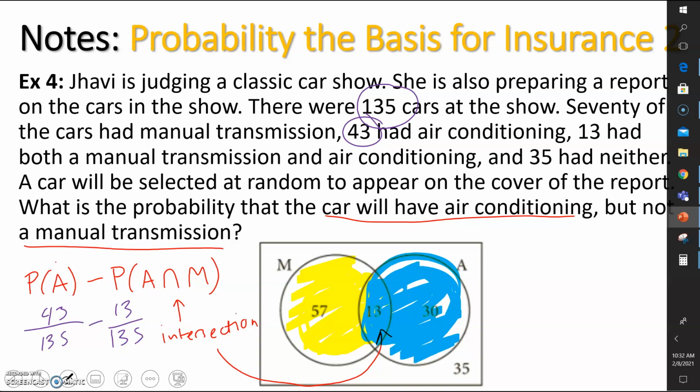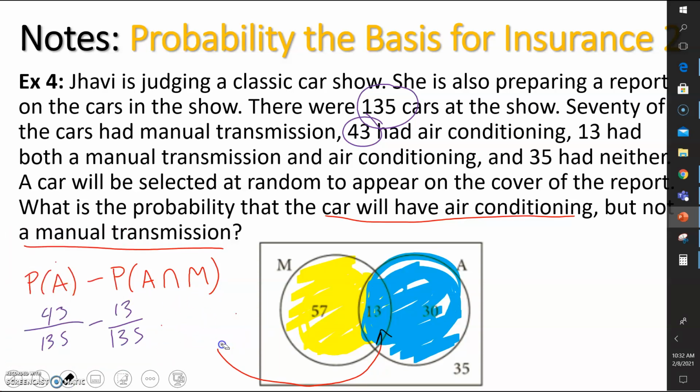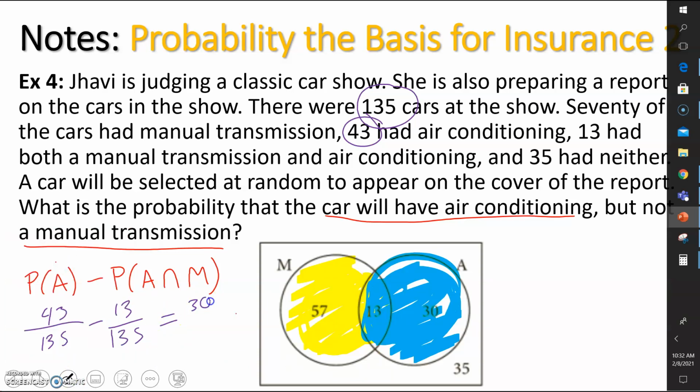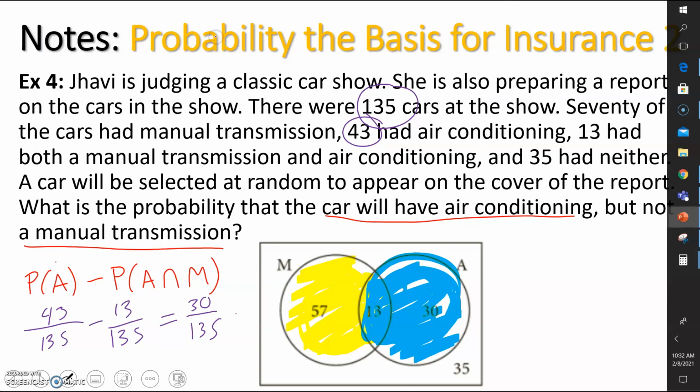So we have 43 minus 13, which is going to give us 30 out of 135. Let's calculate. And that's about a 22% probability. So the probability that a car will have air conditioning but not manual will be 22%.